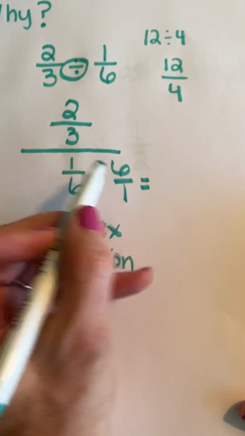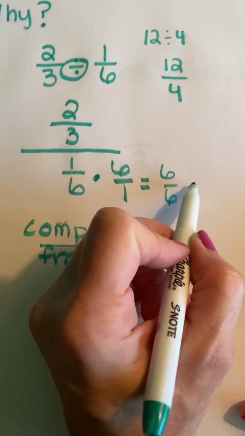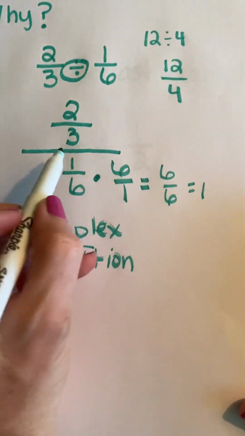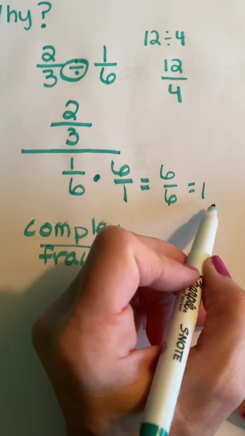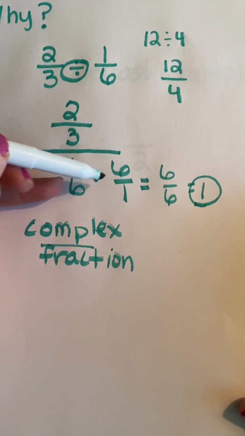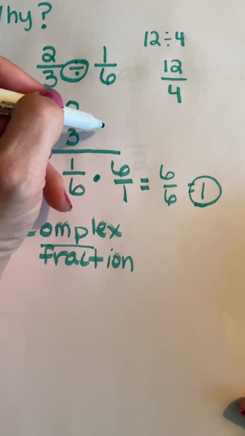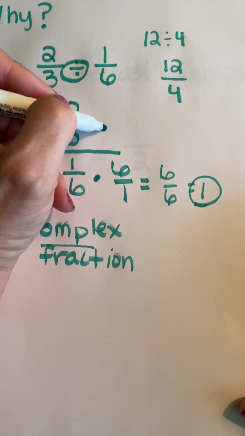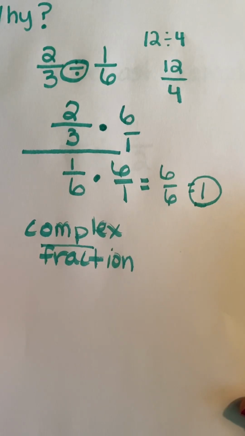We get 6 over 6, which is 1. So now instead of having the denominator as 1 over 6, my denominator is now 1. But if you multiply this denominator by 6 over 1, then to keep balance and equivalency, we have to multiply the top by 6 over 1.